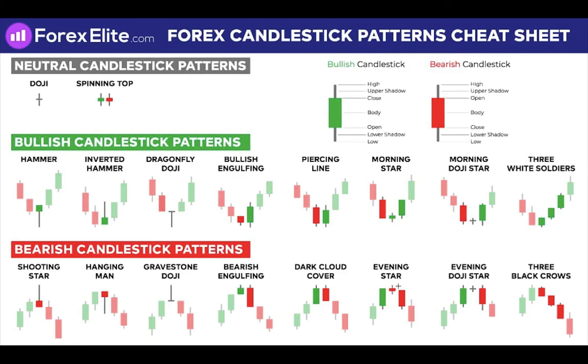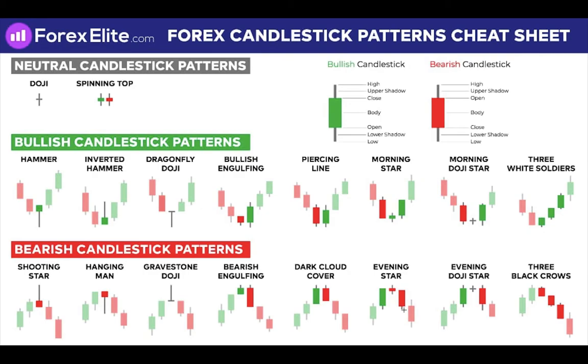And then we have the evening star. The evening star is made of a 3 candlestick pattern. They have to be 3, and then it will be in the middle. It tells you that there is a potential drop in the market.